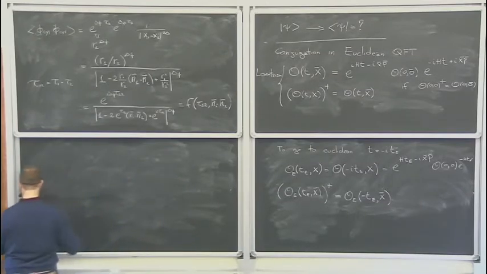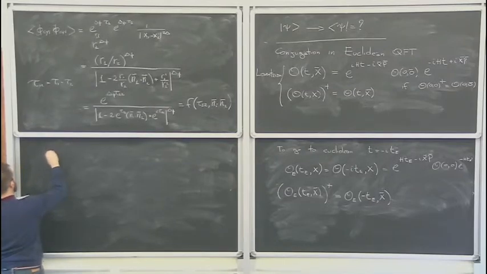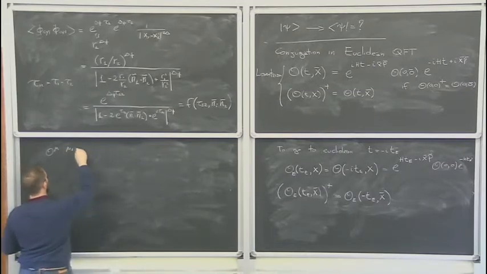So for instance, suppose you have an operator O mu1 ... mu L in Lorentzian.